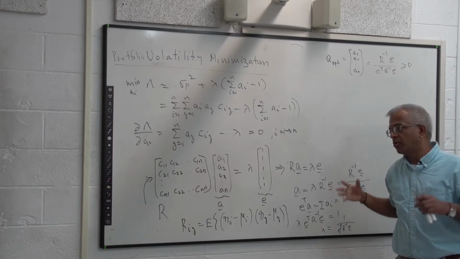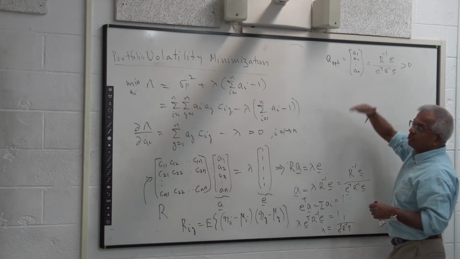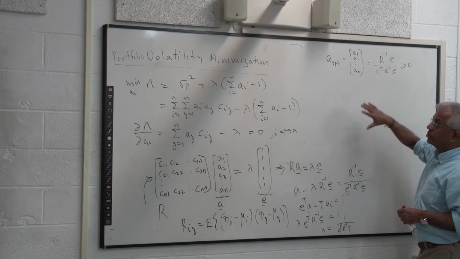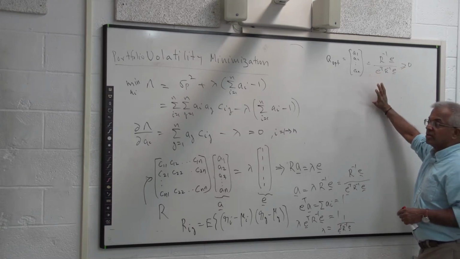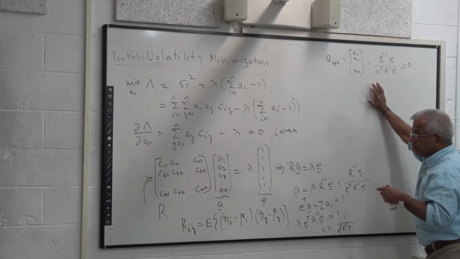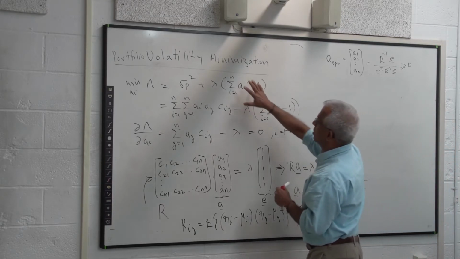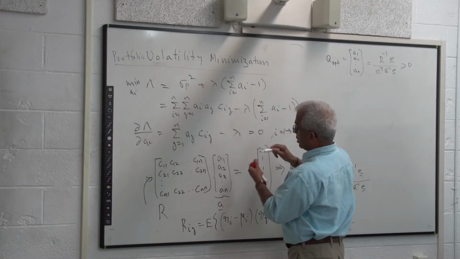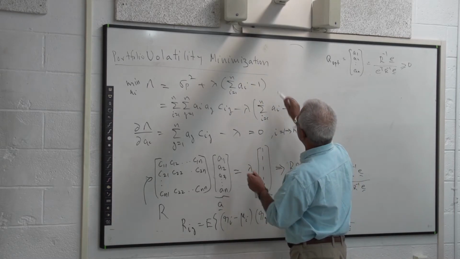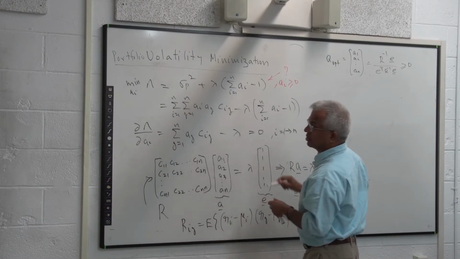So there we have to pause. Either you have to reshuffle and take a new set of stocks, or you have to do a suboptimal solution with the constraints that the A_i's also should be non-negative. Here I haven't imposed that condition, even though all I'm saying is all of them should add up to 1. And this additional condition that all the A_i's are positive has not been imposed here.